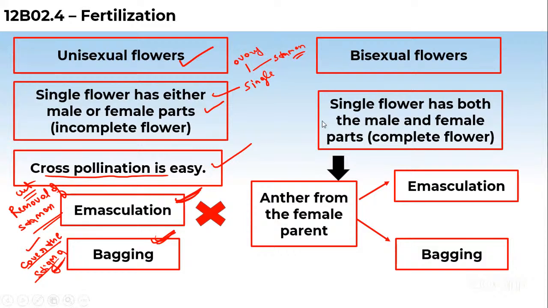Okay, fine, guys. So now let us come to the bisexual flower. Just remember, in the unisexual flower, we are not going to do the emasculation, we are just going to do the bagging. Then the bisexual flower, where it is producing both the male and female parts, where the androecium and gynoecium both are there. We are going to remove the anther from the female parent.